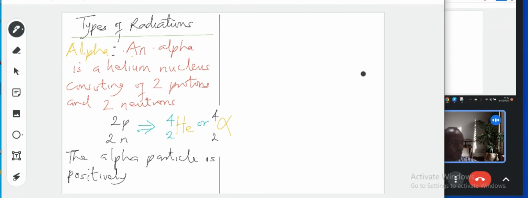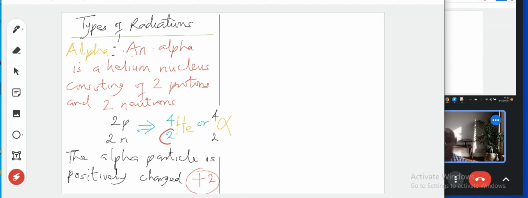Because it has 2 protons, it is positively charged. So with a +2 sign, or 2 plus if you like, because of the 2 protons it has. The neutron has no charge. It has 2 protons, so it's positively charged.